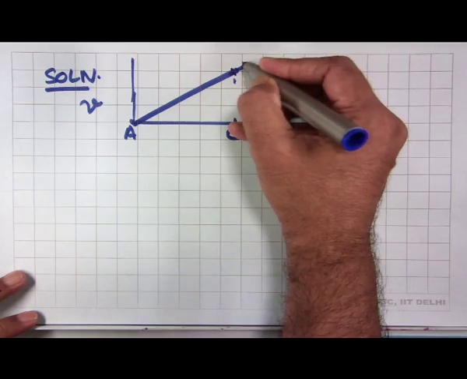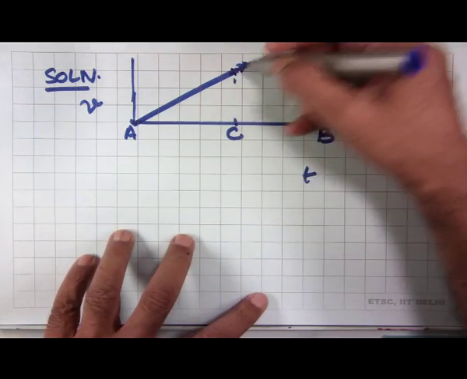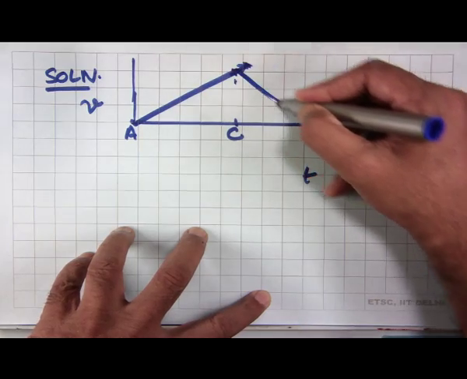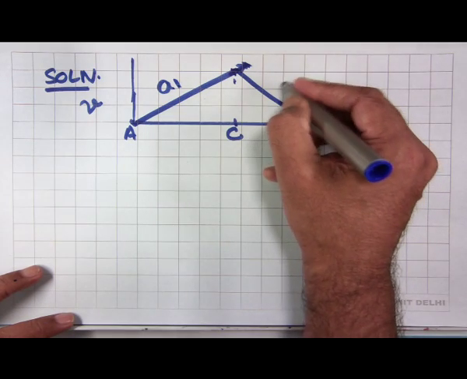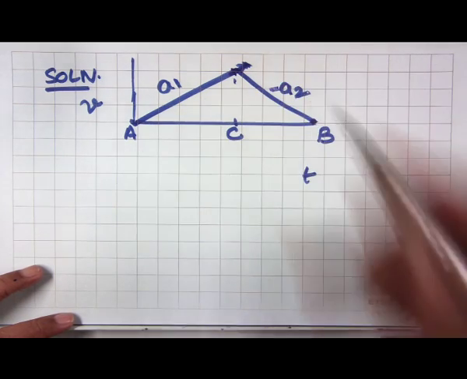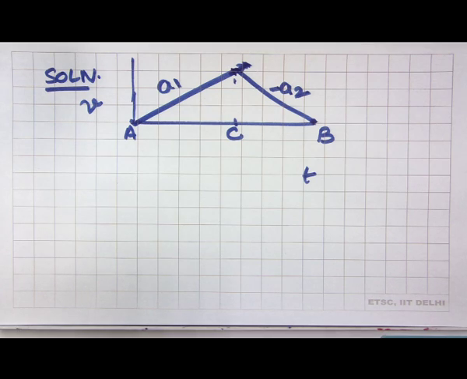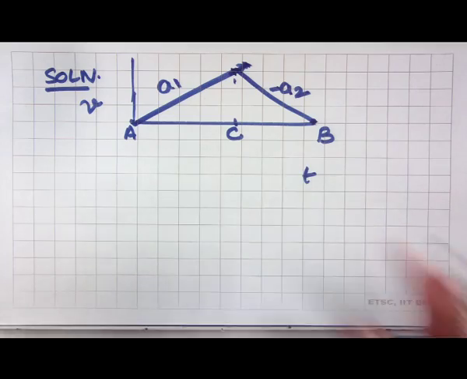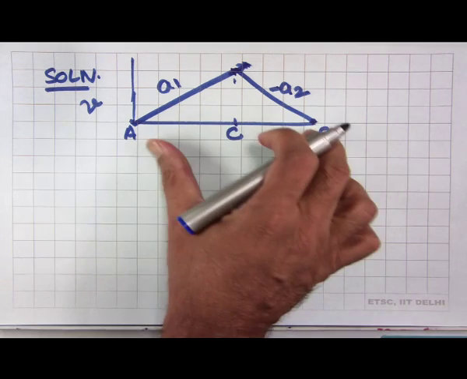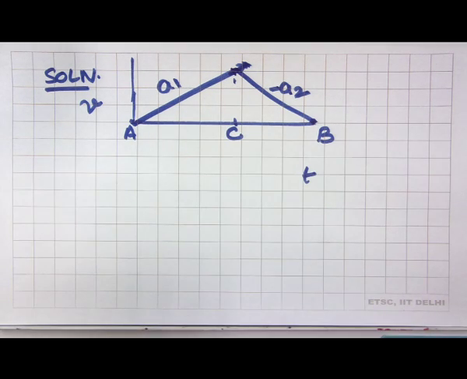At C the velocity starts to reduce. This part is with acceleration A1, and this is with acceleration of minus A2, because there is a retardation of A2. The point C is somewhere between A and B, and we do not know where exactly it lies.